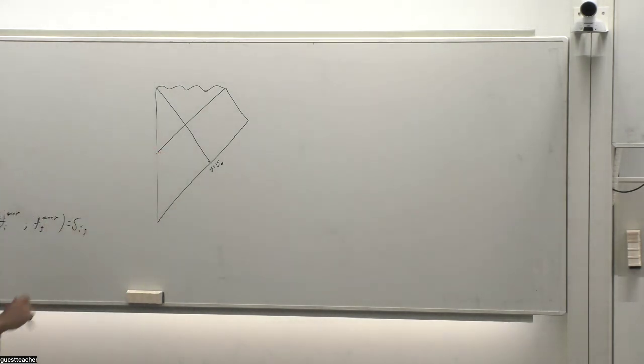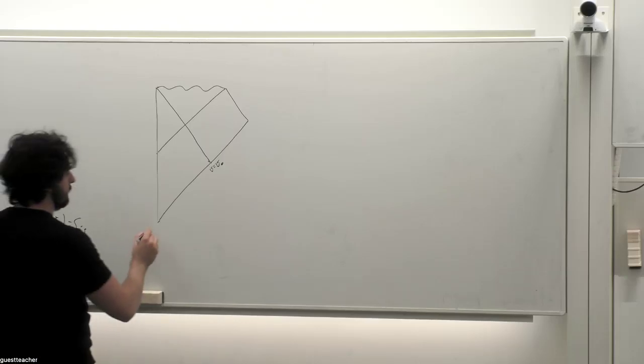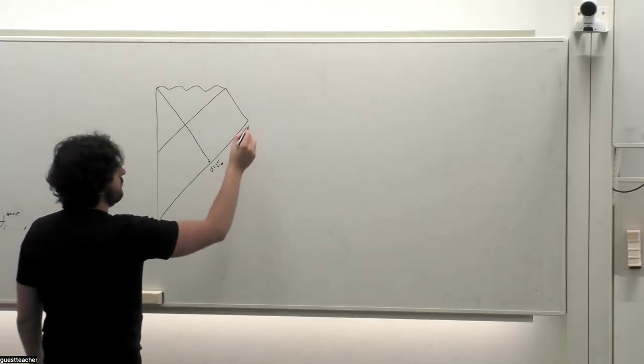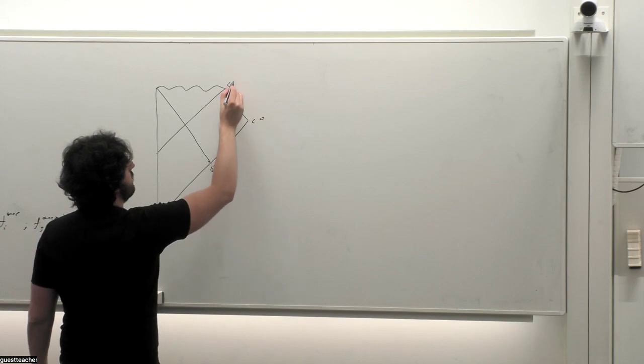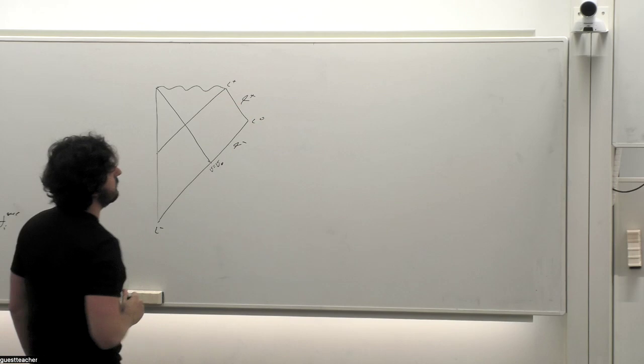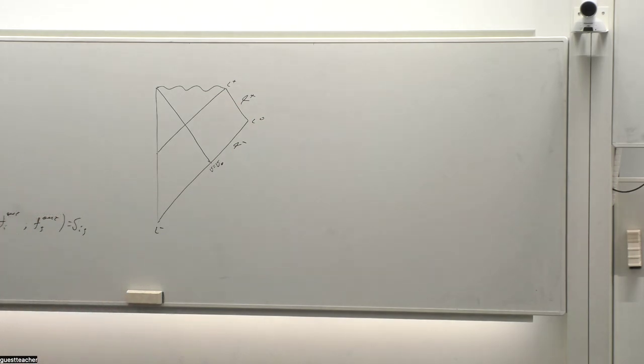This is the event horizon, as I mentioned before. And then we have all the other important points: I minus, I zero, I plus. Okay? This is the simplest possible scenario, so that everything non-trivial is actually what is causing Hawking evaporation.